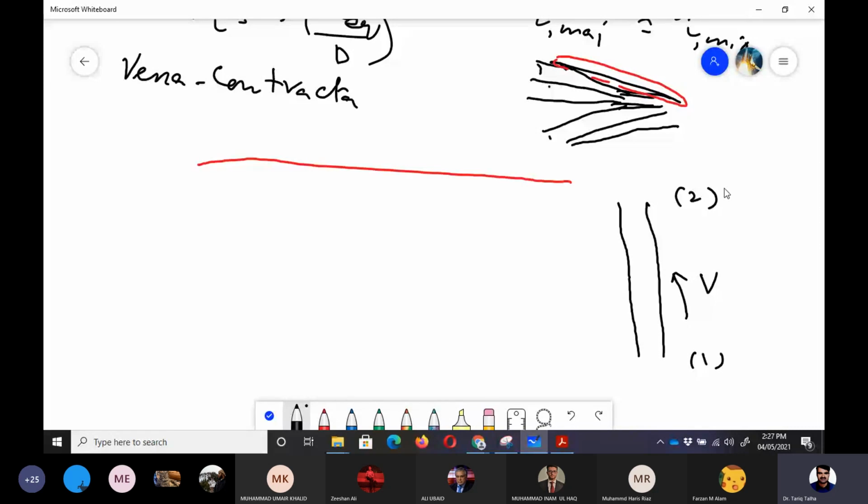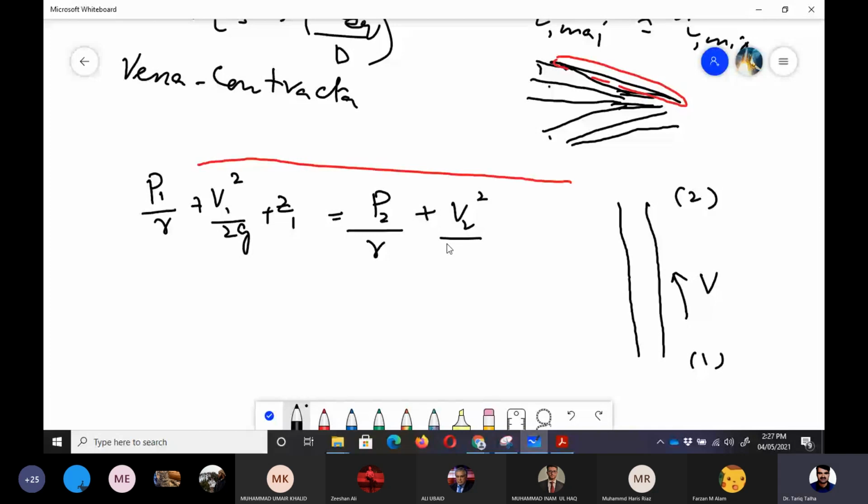If we want to write the energy equation between point 1 and point 2, in terms of head loss, we can write P1 upon gamma plus V1 square upon 2g plus Z1 is equal to P2 upon gamma plus V2 square upon 2g plus Z2 plus HL.